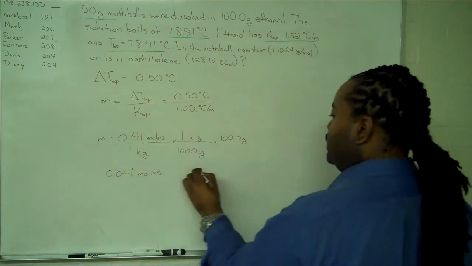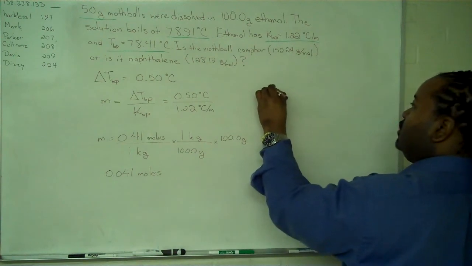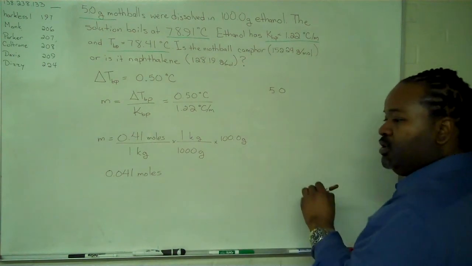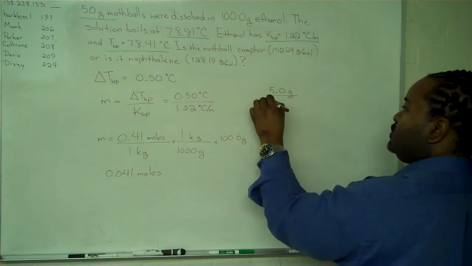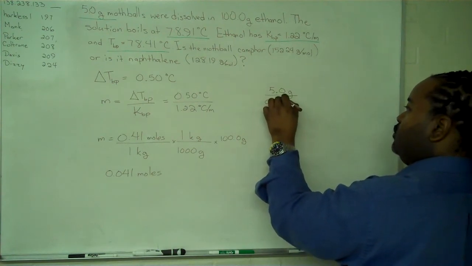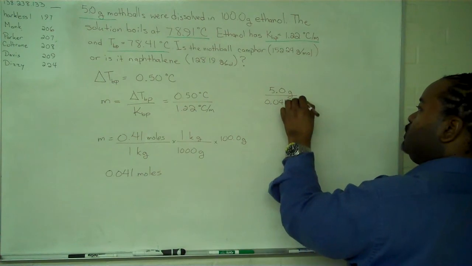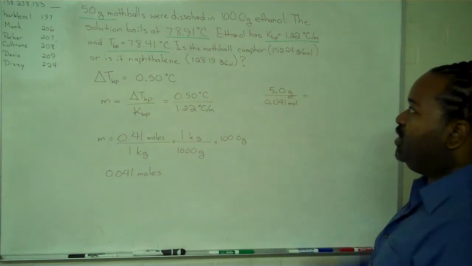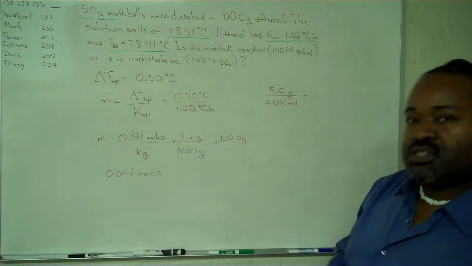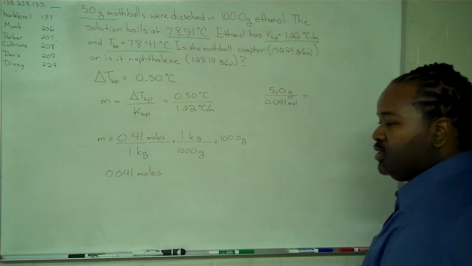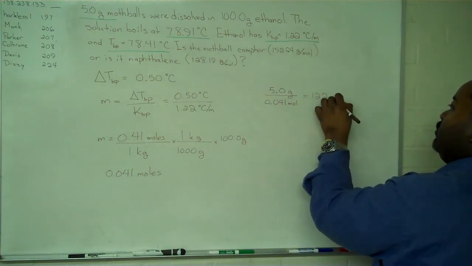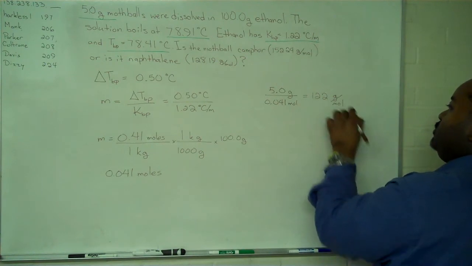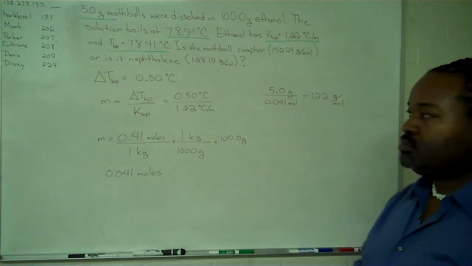So we have then that 5 grams will give us 0.041 moles. And based on these units, this looks very much like a molecular weight. And ultimately what we get when we divide through is that we have about 122 grams per mole.